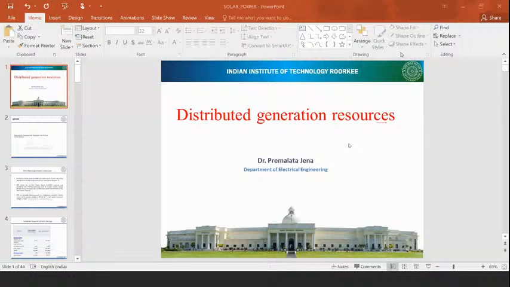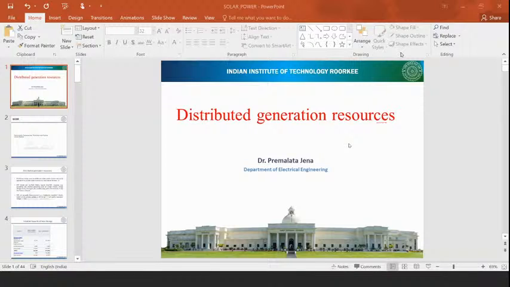Already this coal-based generation is sufficiently 60%, almost 55%, and we would again be using sources which are fossil fuel based, from where we get maximum carbon dioxide and greenhouse gas emissions. So the pollution will be there, and some other situations will arise.